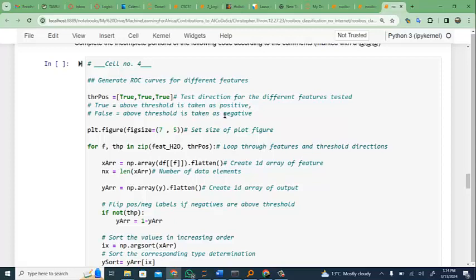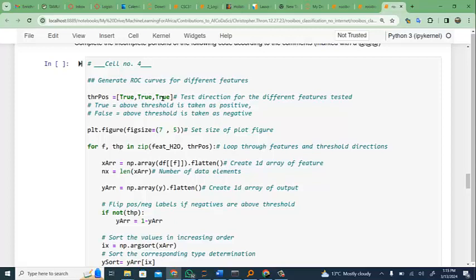So this THR pause indicates whether you're taking a threshold with numbers above being positive or numbers above being negative. If you want the positives to be below the threshold, you should set this as false. Now there are 3 of these values because we're going to be looking at 3 different features.